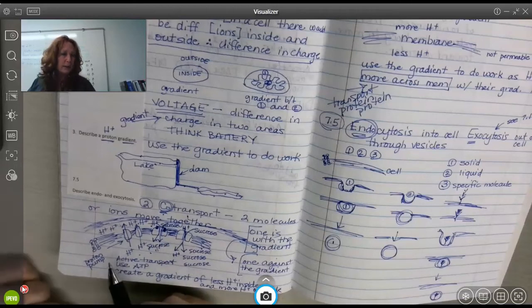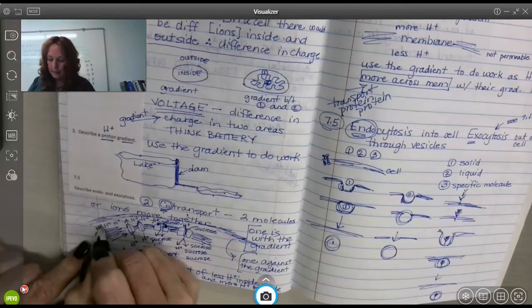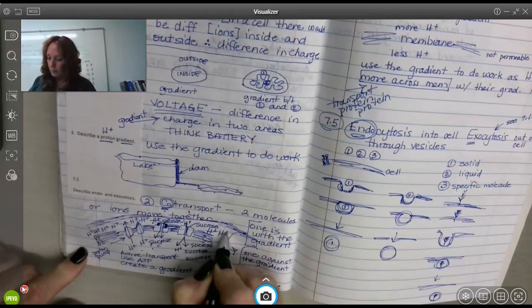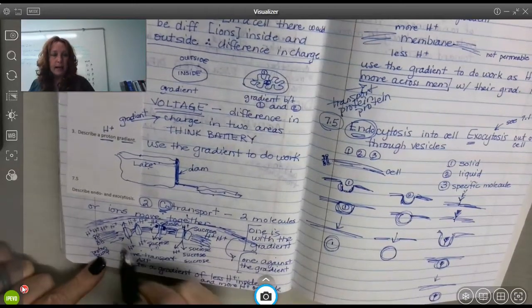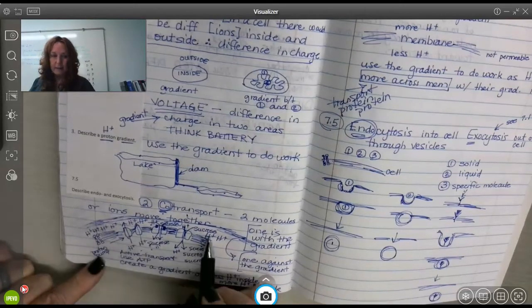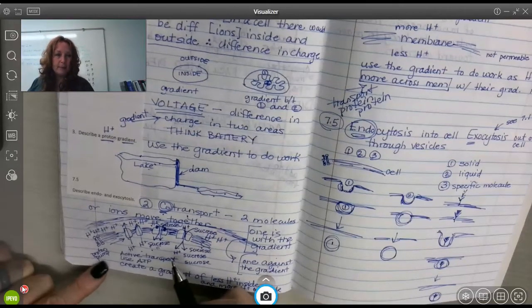What do you notice about the hydrogen ions? What you should be able to say is, and I'll just add some more here to be sure we're overly dramatic. I notice that there's more on this side of the membrane than on this side. Could that randomly happen? Probably not.